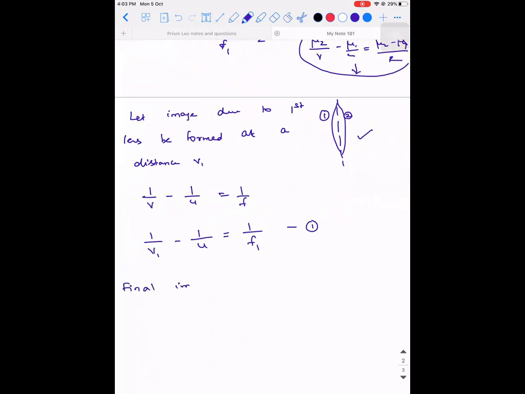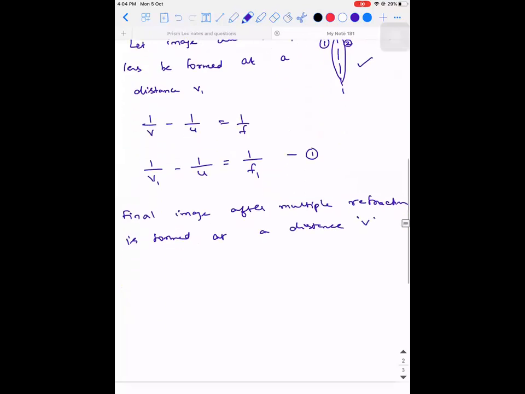The final image after multiple refractions is formed at which point? It is formed at a distance V. Again applying the formula 1 by v minus 1 by u is equal to 1 by f, in this case, where will the final image be formed?